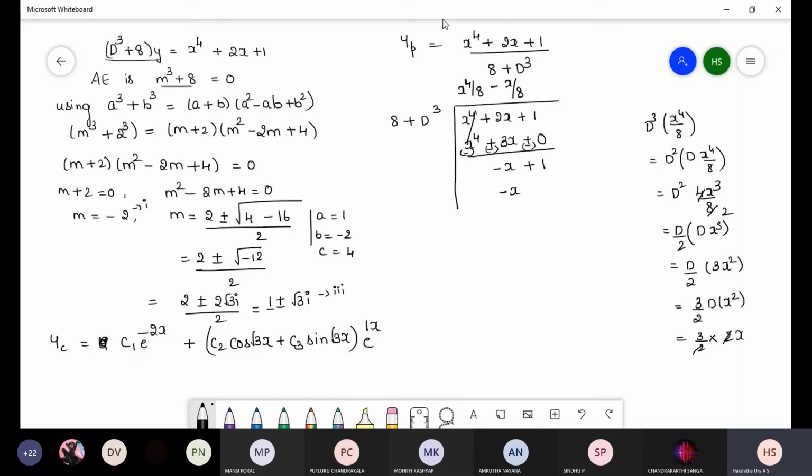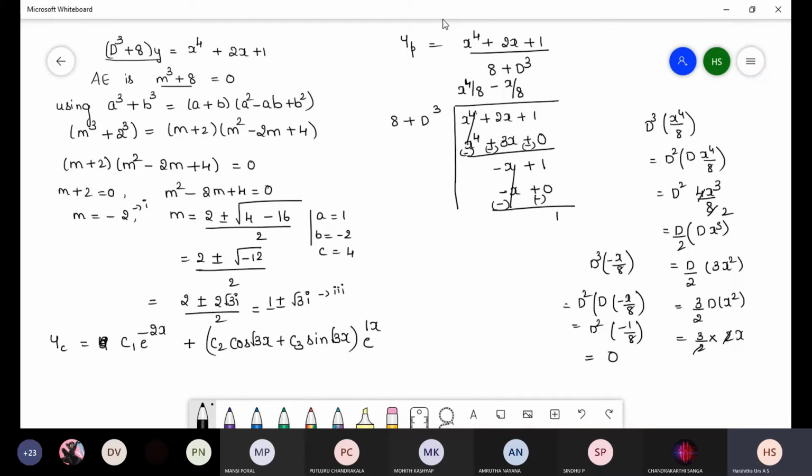Next, differentiation of minus x by 8: d square into d of minus x by 8, that is equal to d square of minus 1 by 8. Next, further differentiation of the constant term, we get 0. That's why we write here plus 0. Change the sign. Again 1.